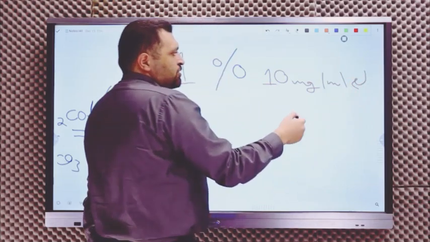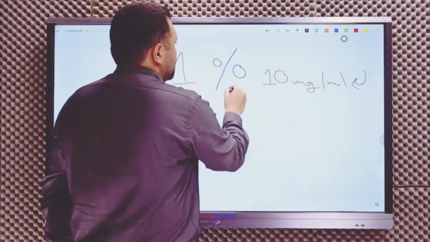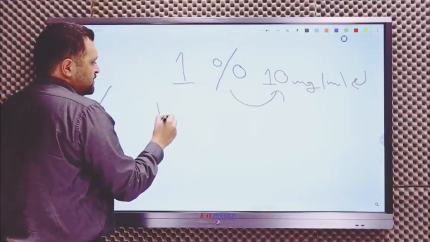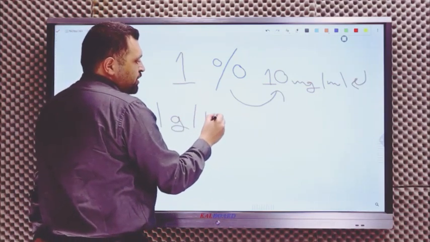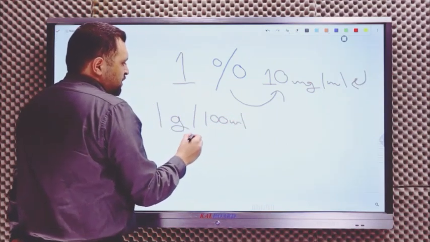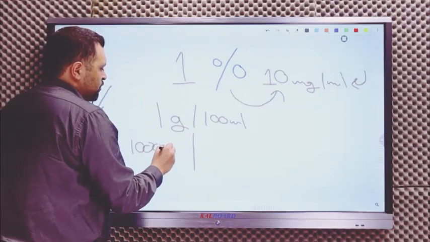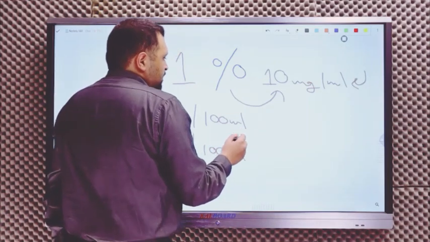So ml is a unit of volume and milligram is a unit of mass. But how do we reach this? 1% means 1 gram per 100 ml. Now transform this to milligram. This will be 1000 milligram per 100 ml.